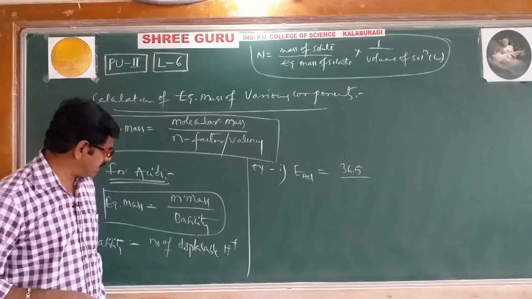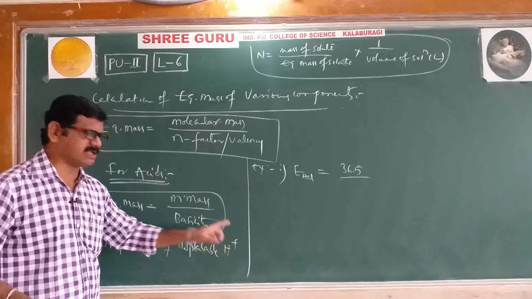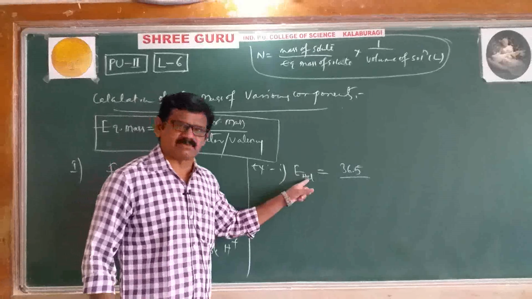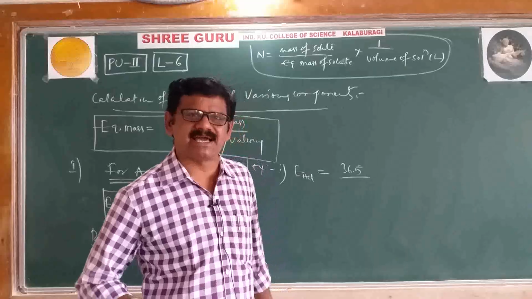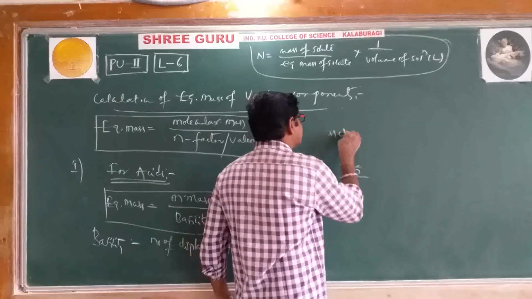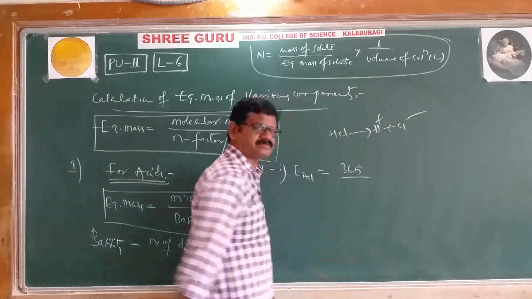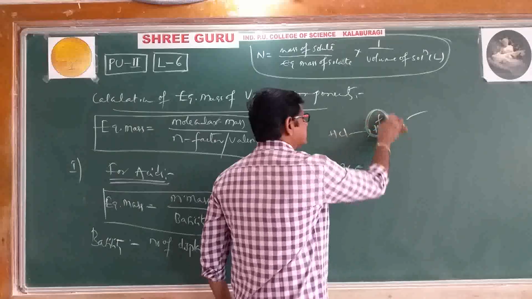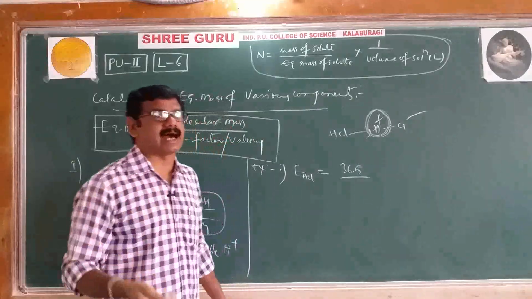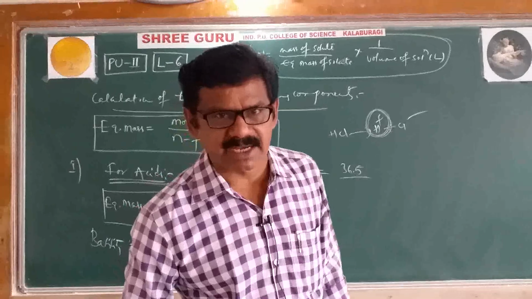Divided by basicity. What is basicity? The number of displaceable H plus ions. Here how many displaceable H plus ions are there? If HCl is dissociated, you will get H plus and Cl minus. Displaceable ions means how many ions are participating in the reaction.